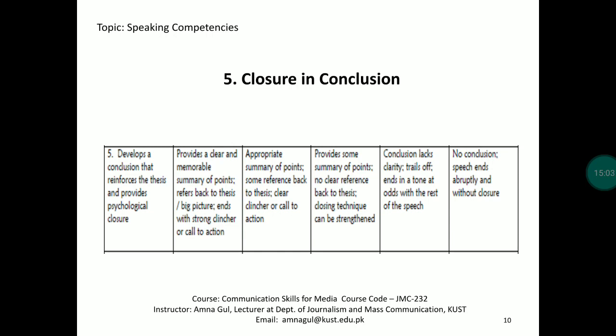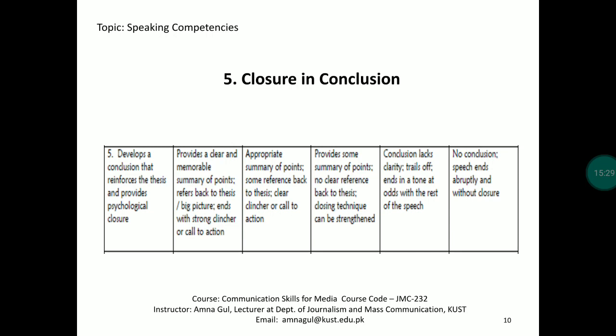For a proficient level student, there is an appropriate summary of points, some reference back to the thesis, and a clear clincher or call to action. For a basic level student or presenter, he provides a summary of some of the points. He is not very clear in referencing back to the thesis, and the closing technique can be strengthened.